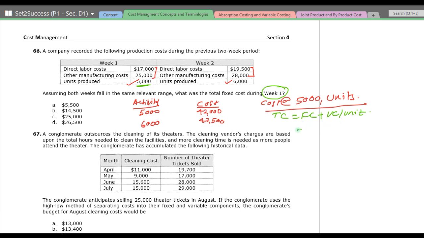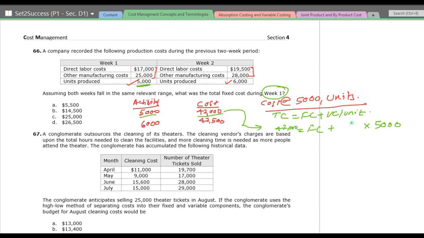Now fixed cost we need to find, and variable cost we need to find, and the number of units is 5,000. Then we'll get, and the total cost at 5,000 units we have 42,000.